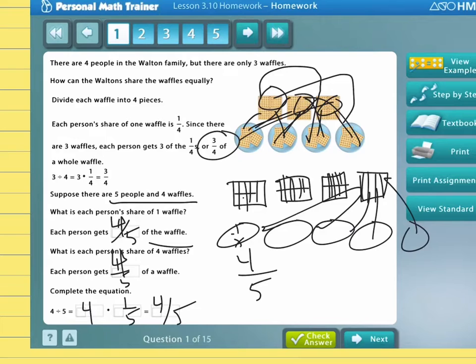So it's a little confusing in terms of the picture, but when I draw it, each person gets 1/5 of each waffle. So 1/5 plus 1/5 plus 1/5 plus 1/5, you end up with 4/5 of a waffle.